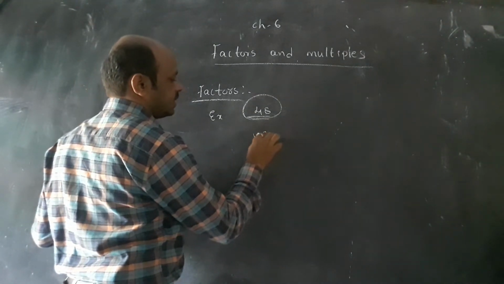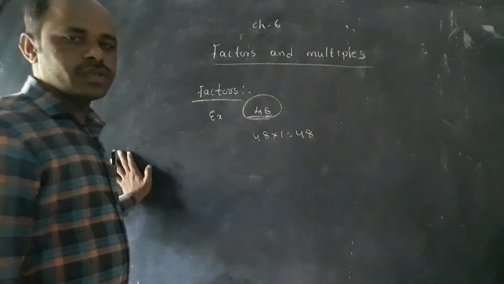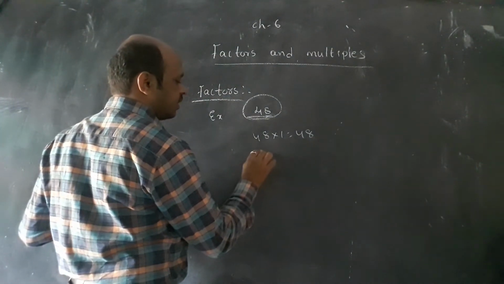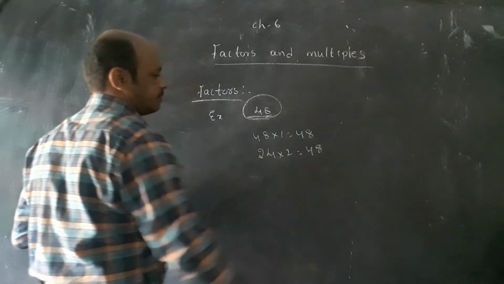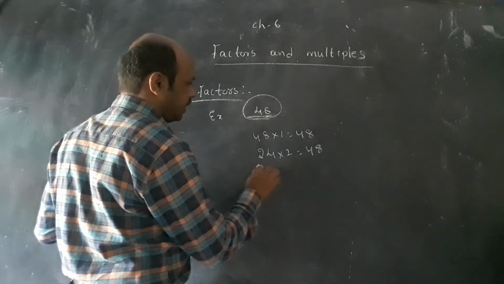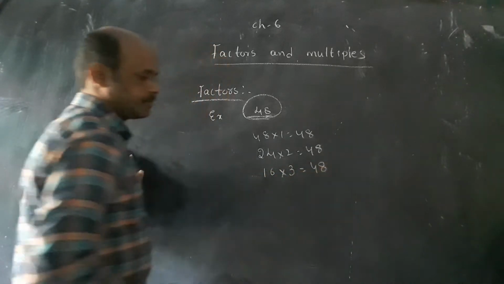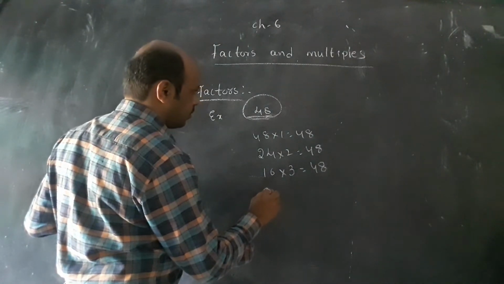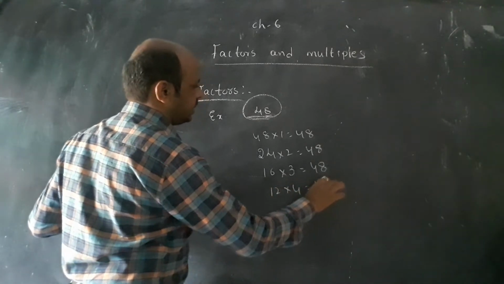Next, 48, 1 times 48. And 48 is an even number, so compulsorily it is divisible by 2. Means 24 into 2 is 48. Next, 16 into 3, we will get 48. 12 into 4 is also 48.